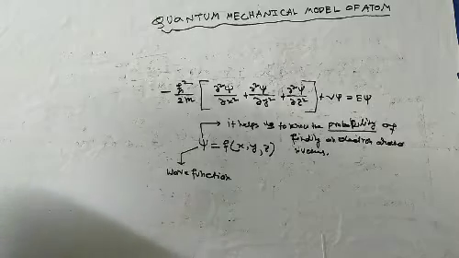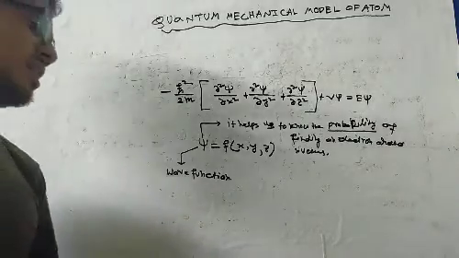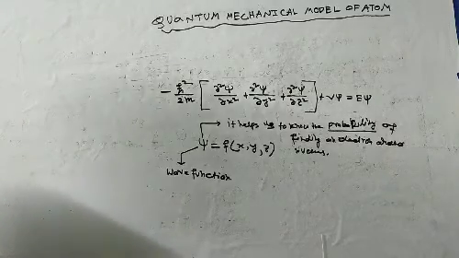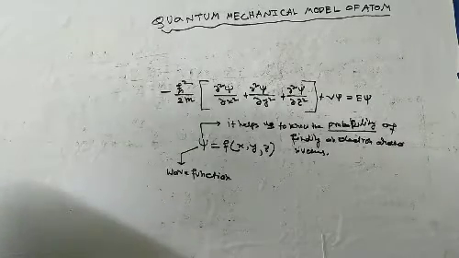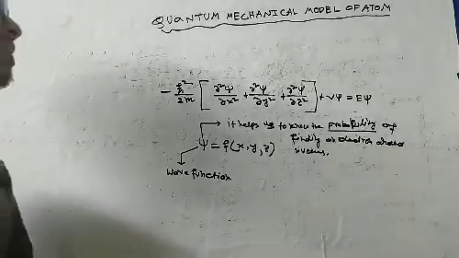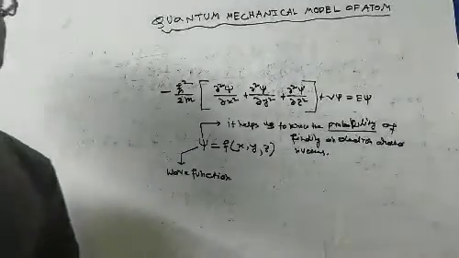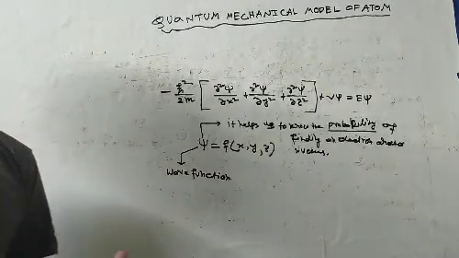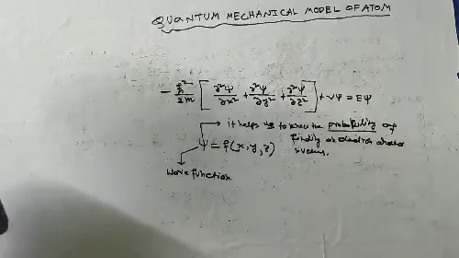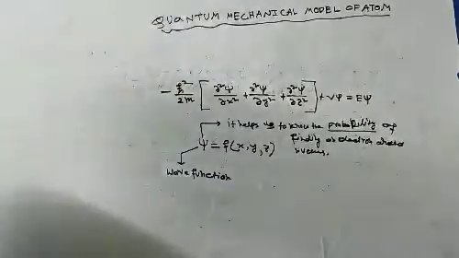The electron is a very tiny particle, so it is a quantum particle, and we cannot precisely tell its position and momentum. So when we do not know the exact thing, we use probability. That's why I am telling that it is the probability of finding an electron around the nucleus.